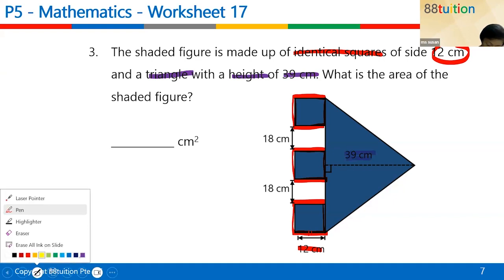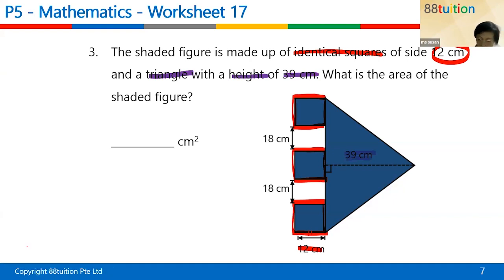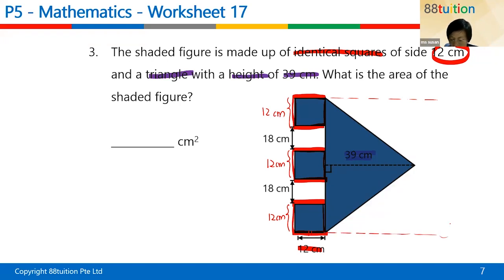So first thing first, what you need to do is to find all the dimensions for the picture first. This is 12 cm. If I were to draw this dotted line, this is called the base here.